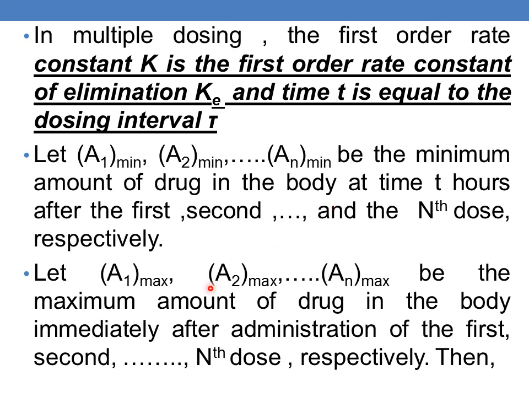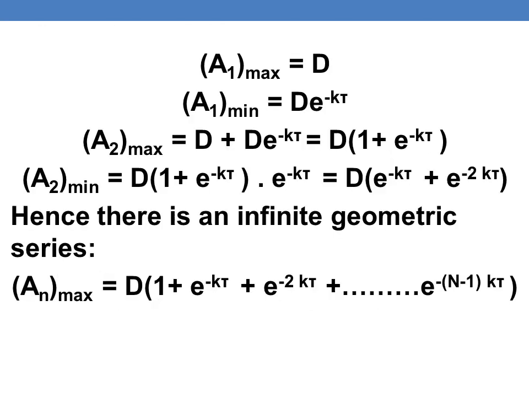These are the A minimum and A maximum terms, and let A1 max, A2 max and An max be the maximum amount of the drug in the body immediately after the administration of the first, second or nth dose respectively. Then A1 max is equal to the dose of the drug, as we all know, and A1 minimum is equal to D into e to the power of minus K tau.